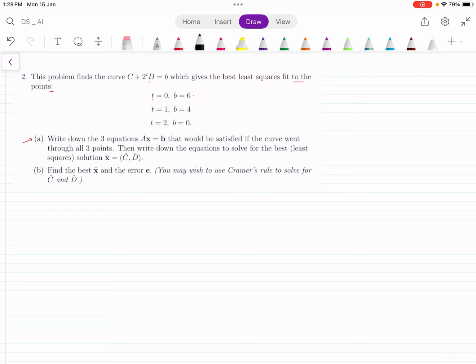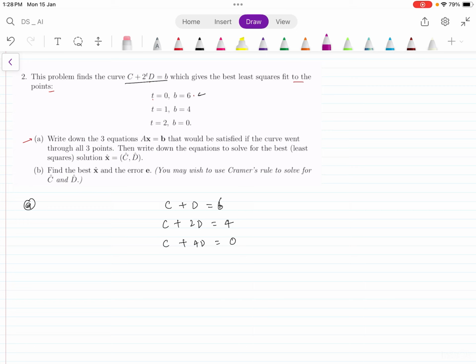So after putting this value into this equation, what we will get is c plus d is equal to 6, and c plus 2d is equal to 4, and c plus 4d is equal to 0, right? So this is the set of linear equations.